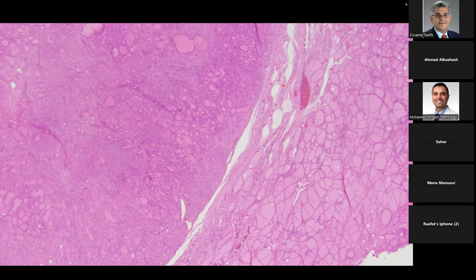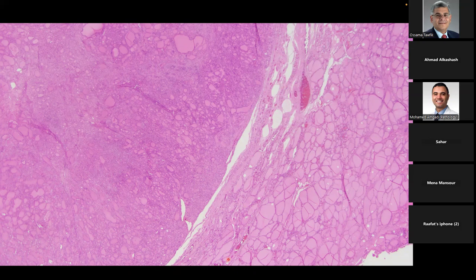Again, looking at these capsules, when you see a thicker, fibrous, well-formed capsule, you should be more and more worried. Of course, you can't have invasion in lesions with thin capsules, but the ones with thicker capsules are the ones that you should be very concerned about.